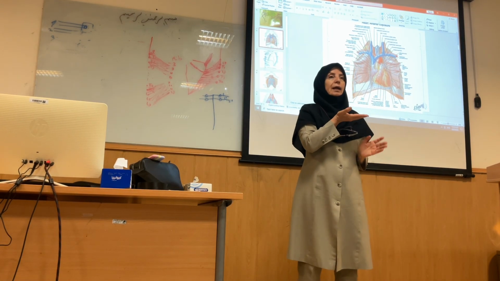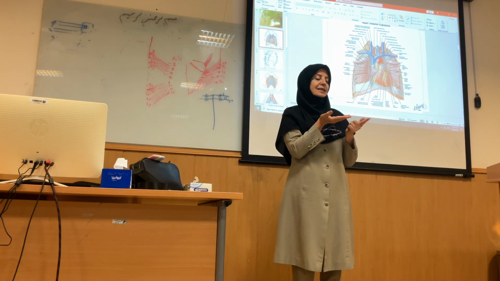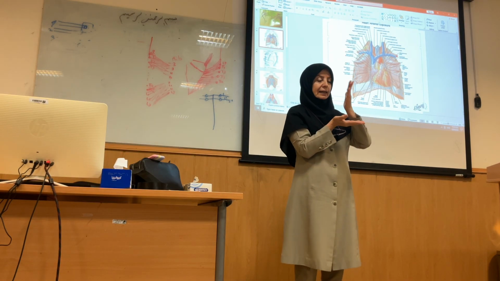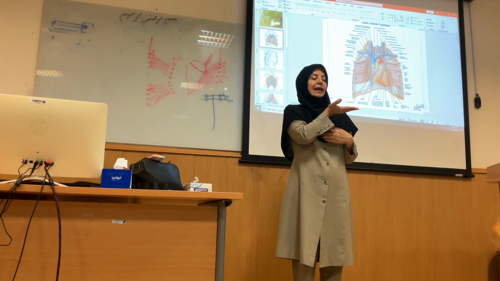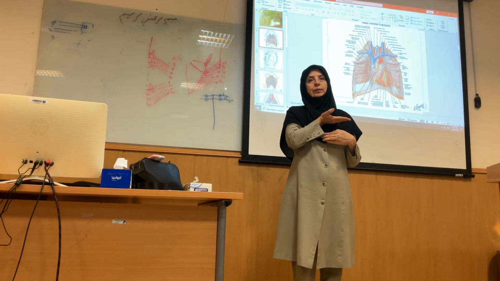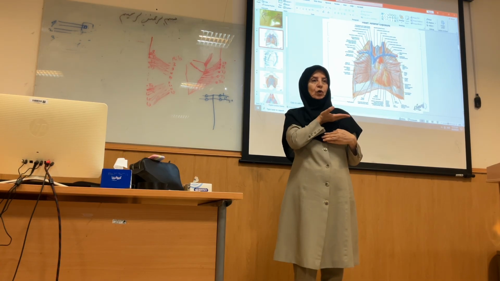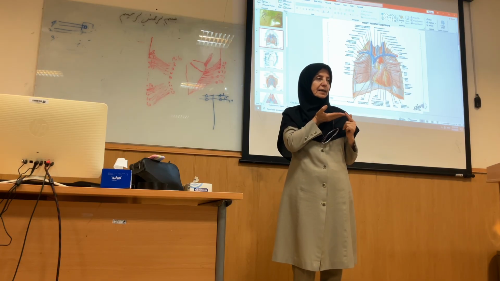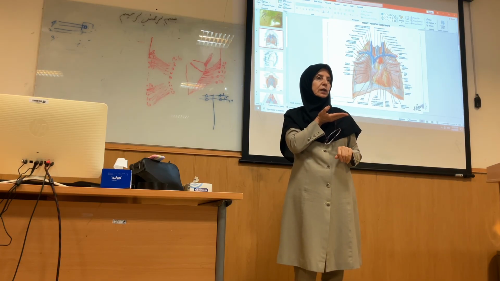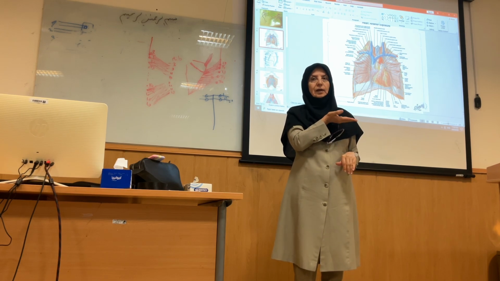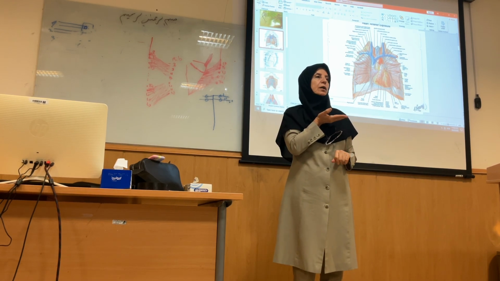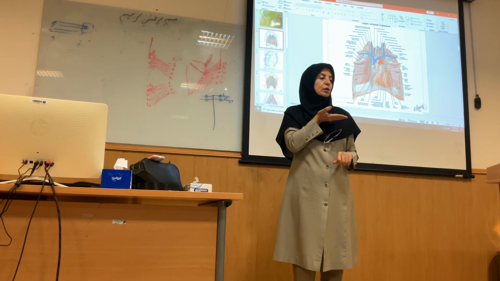Now, the heart has an apex and a base. The base is anterior to the vertebral column, posteriorly on the right side. The apex is anterior, downward, forward. So the apex of the heart is forward, downward.